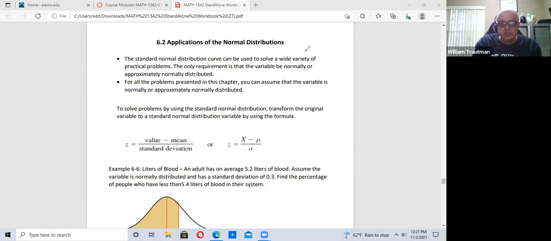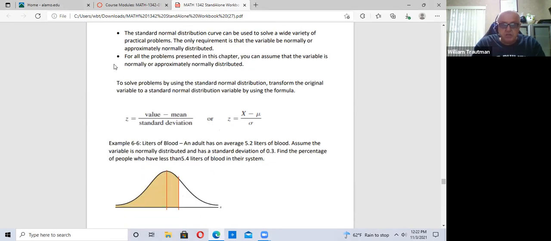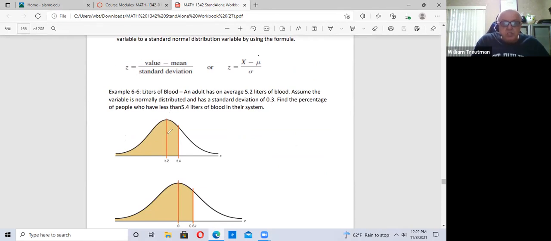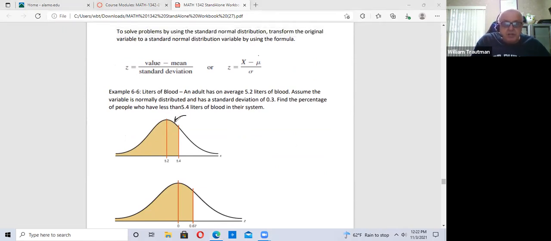So if I bring this up, we want to find out what percent of the graph is shaded in. We have to know what this Z value is. It's not a Z value. How do I know it's not a Z value?